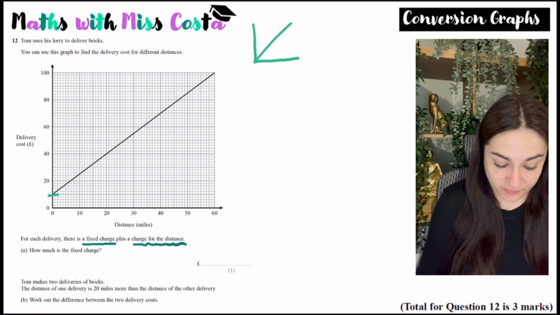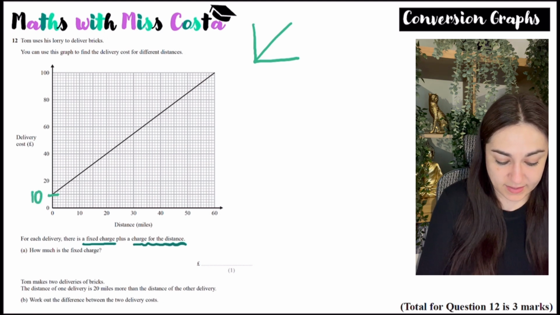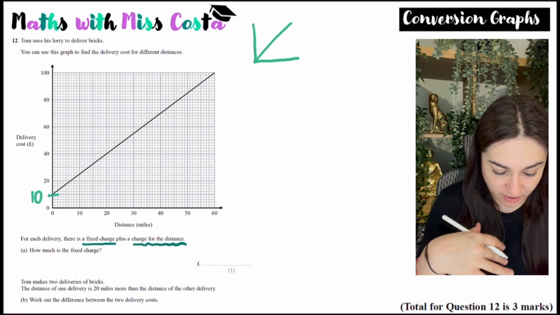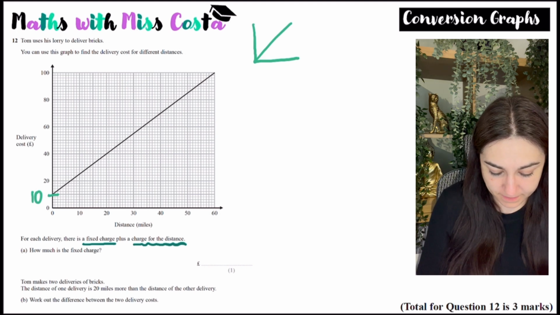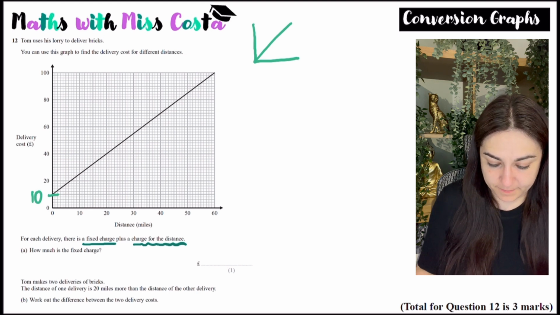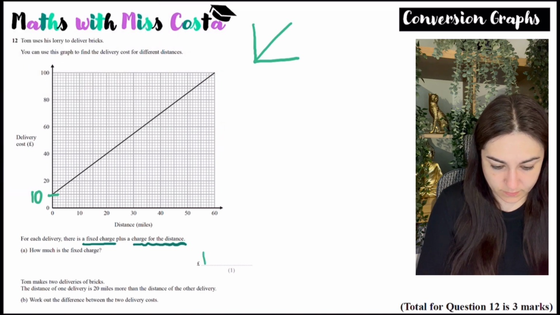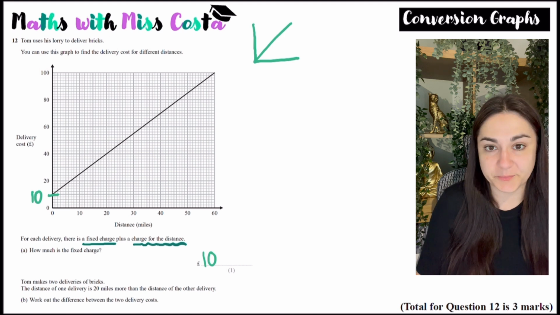It's between 0 and 20, exactly halfway. So that would mean that the fixed charge is £10. The fixed charge or the call out charge is literally whatever the cost is before anything happens. So that would be £10 in this case.